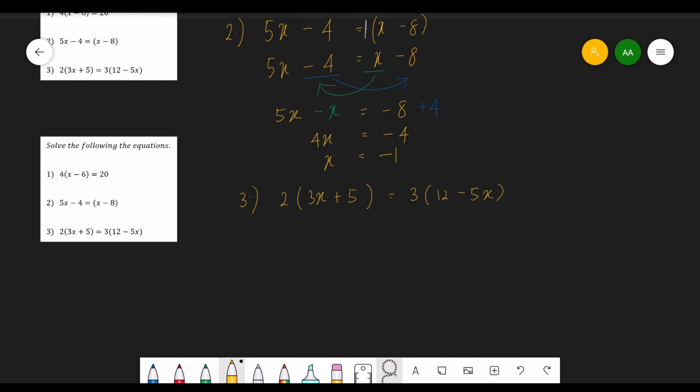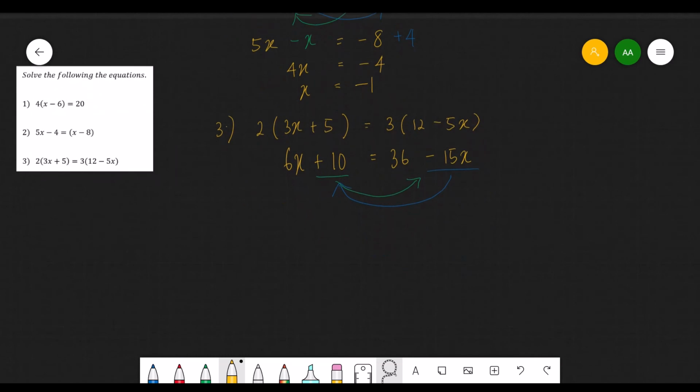So 2 times 3x plus 5 will be equals to 6x plus 10 equals to 36 minus 15x. Looking at this, I'm going to move plus 10 to this side, and I'm going to move minus 15x to the other side. So what we have is 6x and 36 originally on the left and right side respectively.